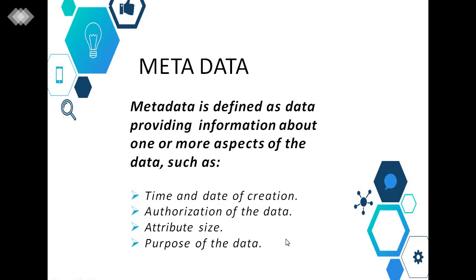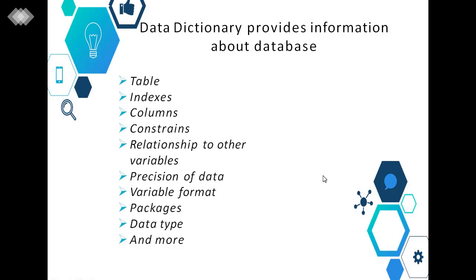So these are the aspects on which metadata is based. Some data dictionaries provide information about the database, which includes its tables, indexes, columns, relationships to variables, what constraints are to be used, the variable formats, the packages, and more related to data types.